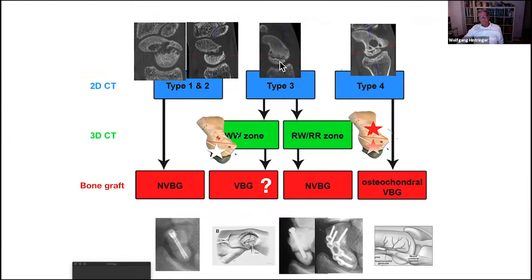In type 3, where you still have a little bit of structure, in the white zone a vascular bone graft, in the red zone a non-vascular bone graft, and only for the fragmented type, it's clear you cannot put any screw or something else in it. They voted for an osteochondral vascular bone graft from the knee joint, a combined graft from cartilage and bone.